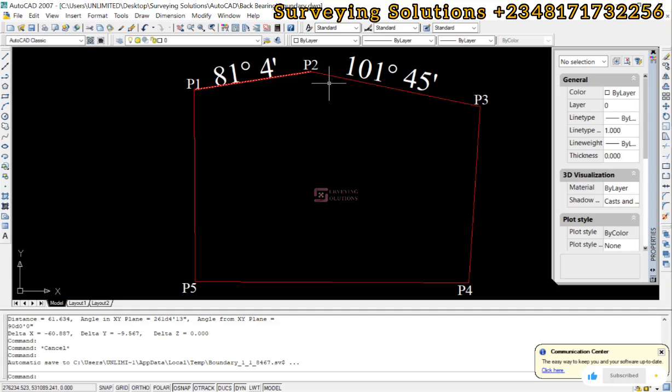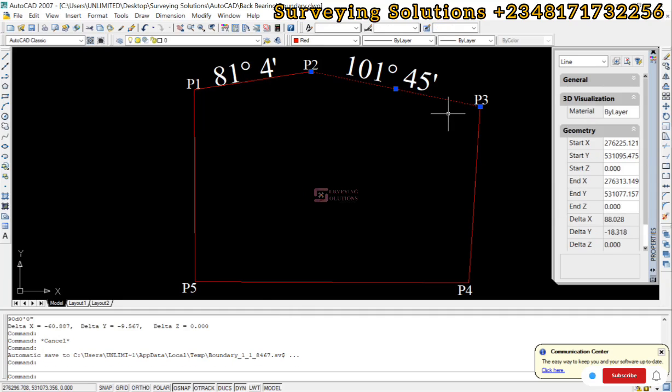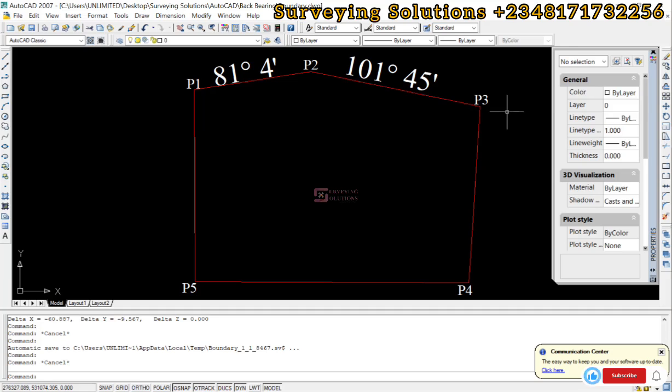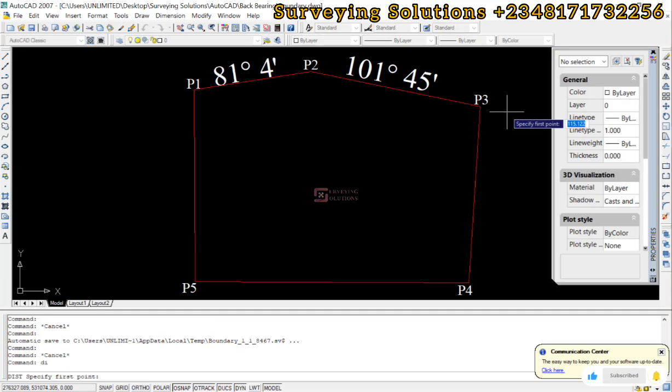We can also use this just to validate what we are saying. Now we are moving from 2 to 3, right? If we scroll down, we have 101.45, right? So that is the default, or let's say the native bearing of the line from 2 to 3. So perhaps when you want to label it, you mistakenly or you unknowingly try to move, let's still use our DI, try to move from 3 to 2.